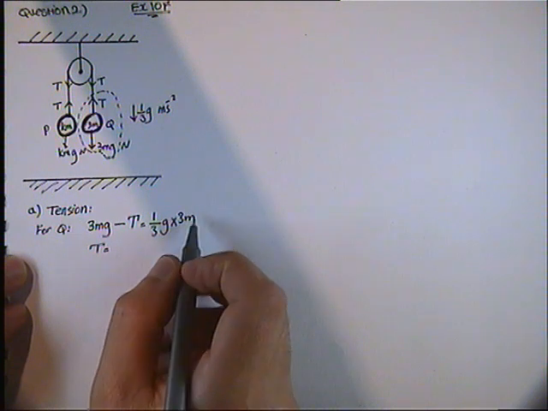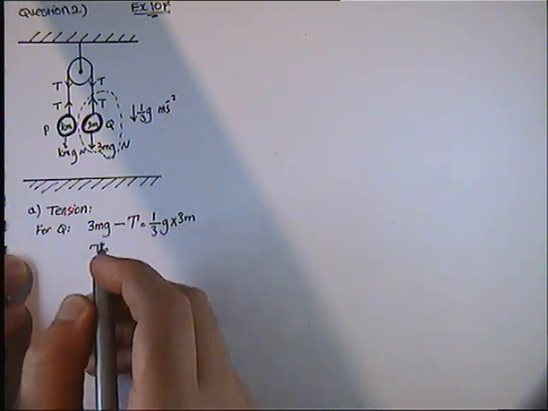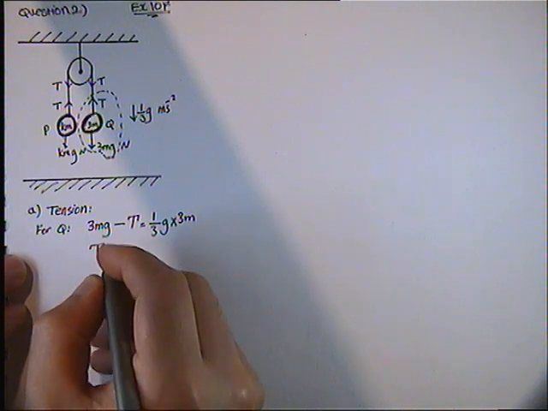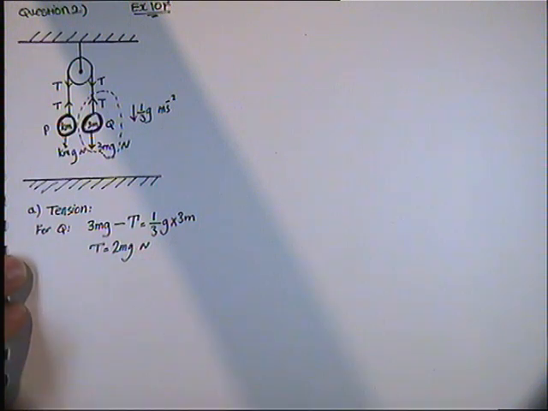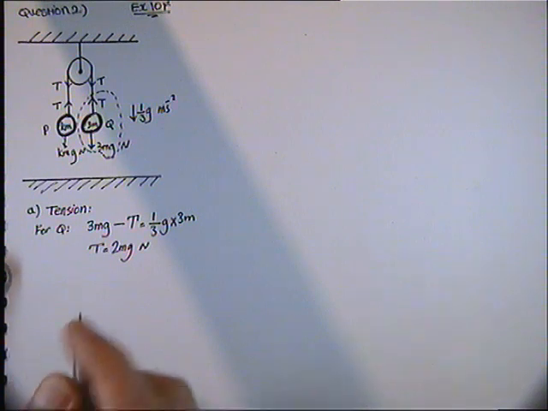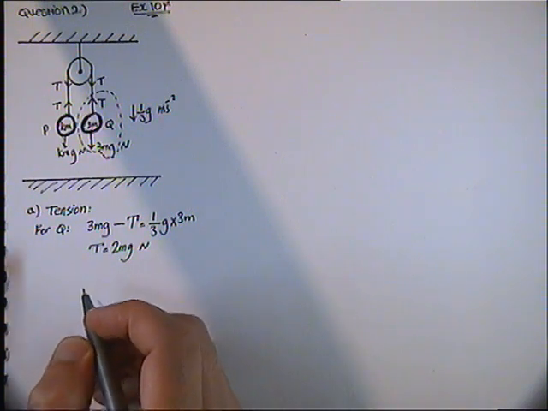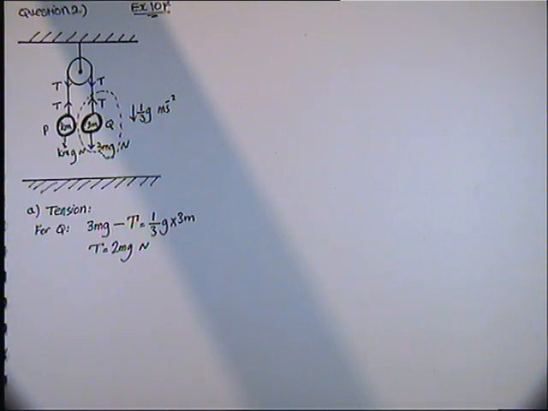The 3 and 3 cancel, giving gm, so T is 3mg minus mg, which is 2mg newtons. However, you can substitute g equals 9.8 and calculate T in terms of m. Therefore the tension in the string is 2mg newtons, and we don't know what m is at the moment, and we are not required to find it. So leave T in terms of m and g.